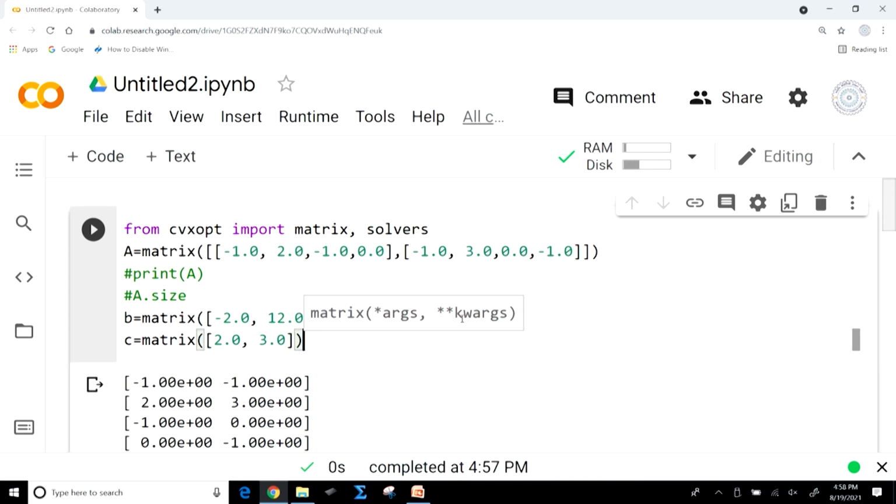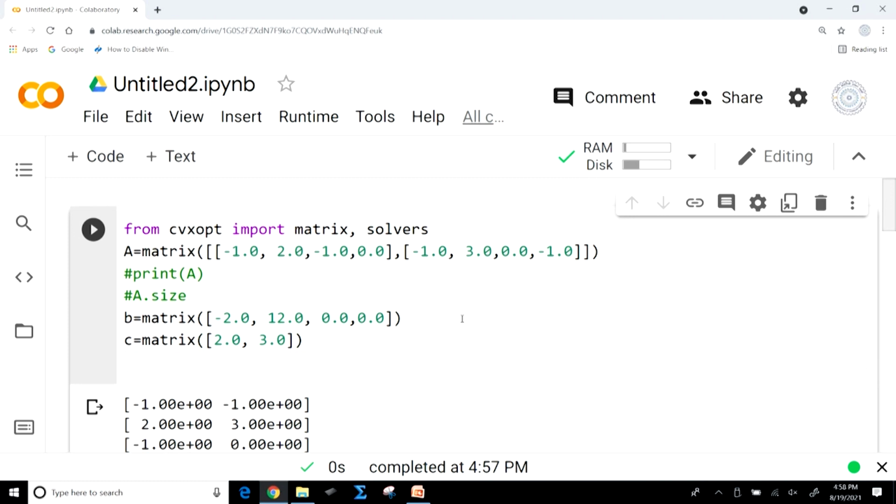It is understood that it is of the type Ax equal to B, and you are minimizing C transpose X. Now, you want to solve this LPP. So, you will use solve equal to solvers, which you have already imported.